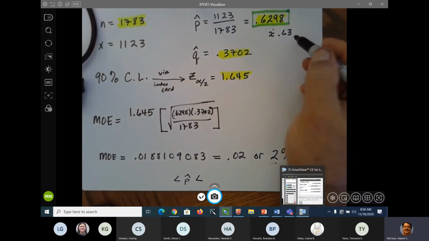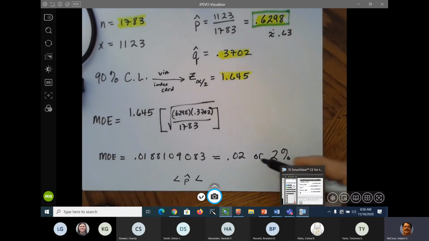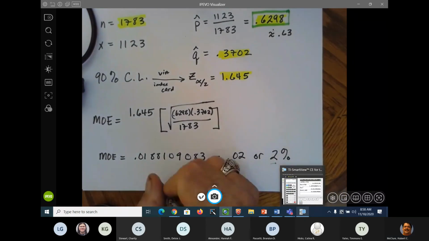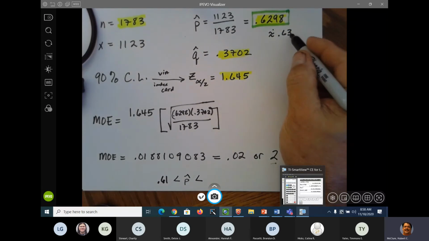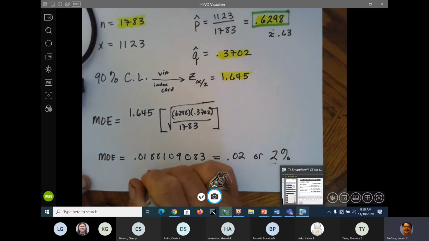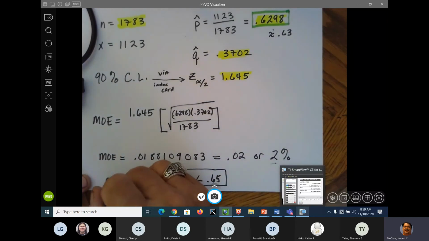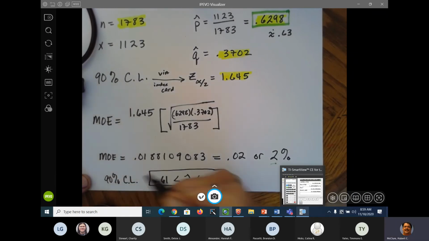What is 0.63? What is 63 cents minus 2 cents? 61. What is 63 cents plus 2 cents? 65. So this is your confidence interval based on a 90% confidence level. This is your confidence interval.